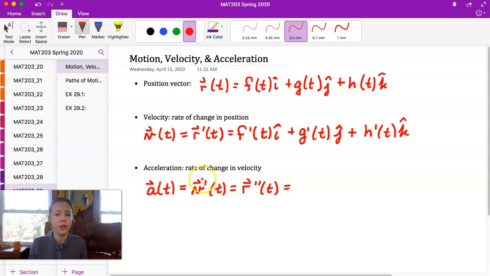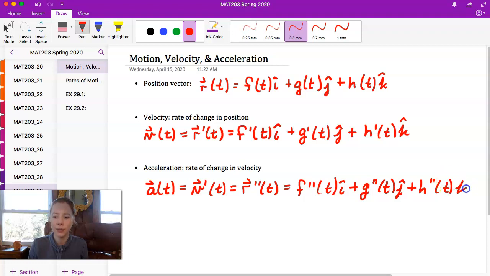Okay, so those are the different ways of defining acceleration: the first derivative of velocity with respect to time and the second derivative of position with respect to time. And this is going to be f double prime of t for our i hat component plus g double prime of t for our j hat component plus h double prime of t for our k hat component.